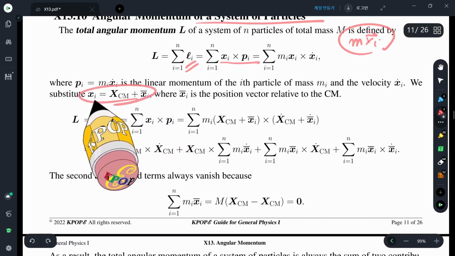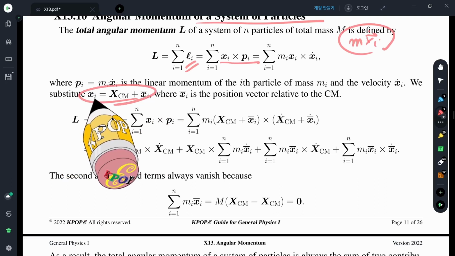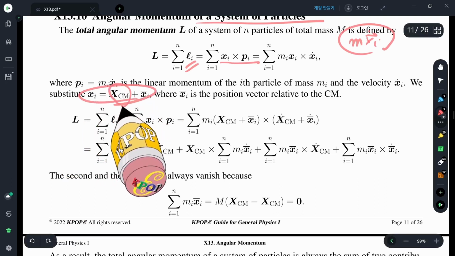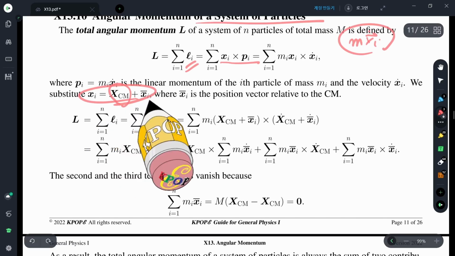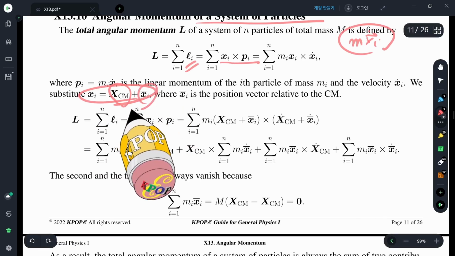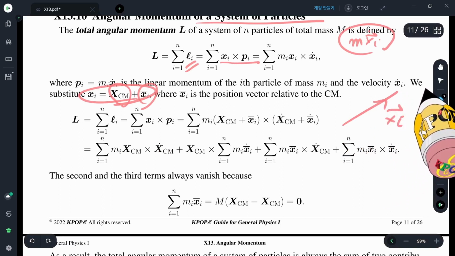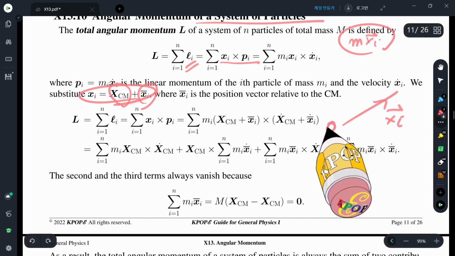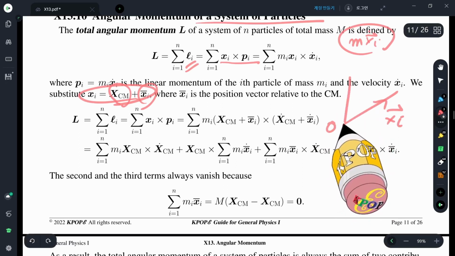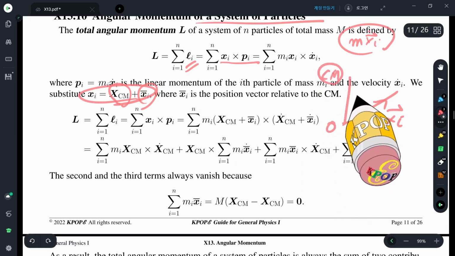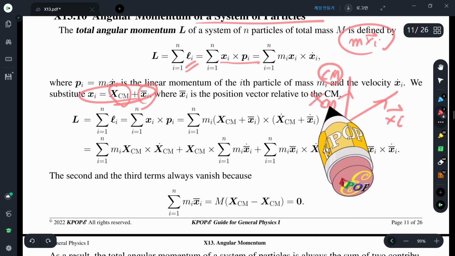Any position vector of a particle can be expressed in terms of the center of mass and the relative coordinate. So for the ith particle, x_i is the position from the origin, and we have the center of mass, x_CM.